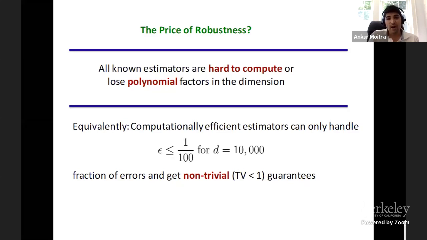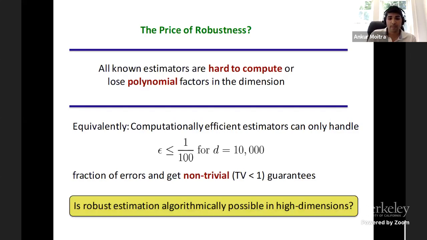Even if you're thinking about a problem in 10,000 dimensions with no hidden constants in your robustness guarantee, this means that you can only tolerate something like 1% corruptions, even though we know in principle that it's possible to tolerate a much larger fraction of corruptions that's totally dimension independent. So at this juncture, you might actually wonder, is robust estimation even algorithmically possible?